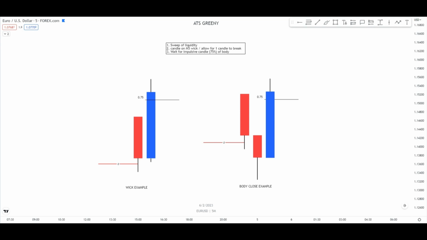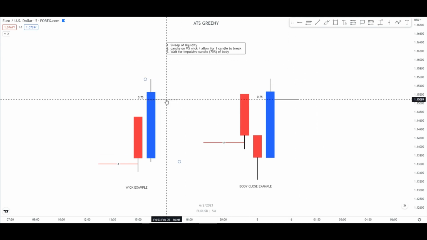So on the wick example, we see a sweep of the low, as in this example. Then we get a push back up to show that there are buyers in the market. We then see a push up, which is an impulsive candle.